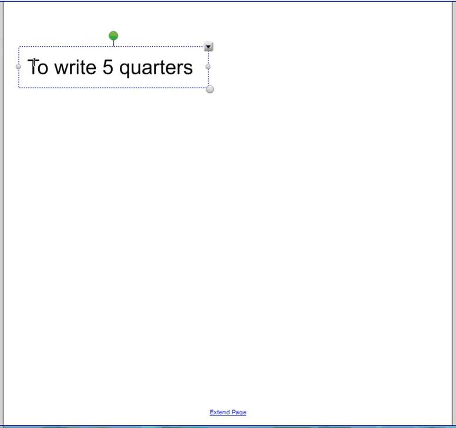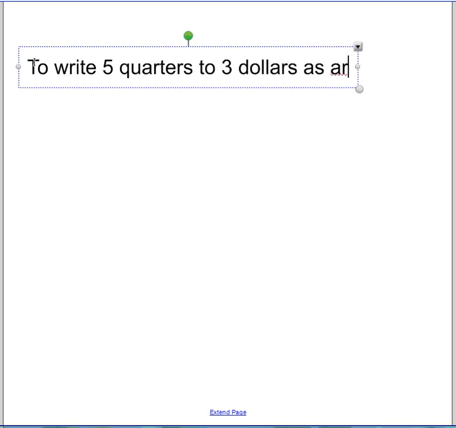So for example, they might tell you to write, let's say, 5 quarters to $3 as a rate.